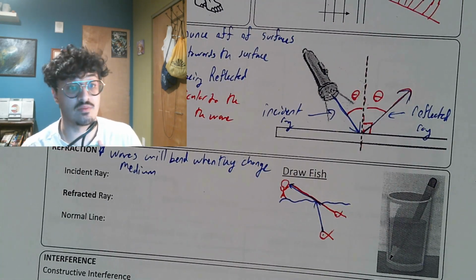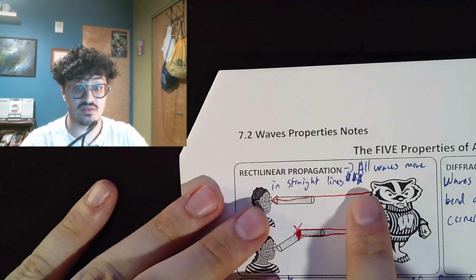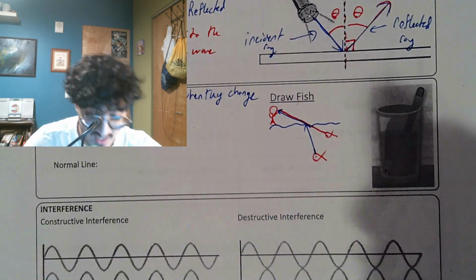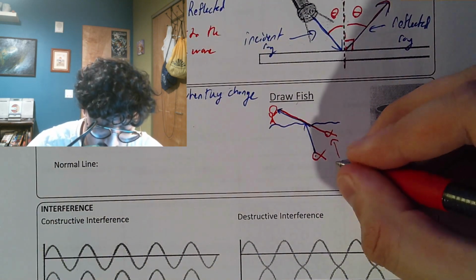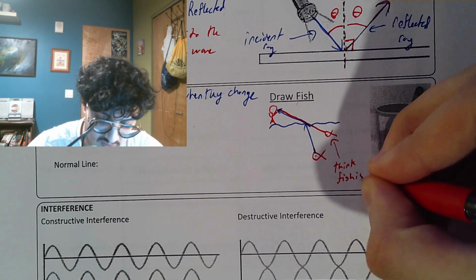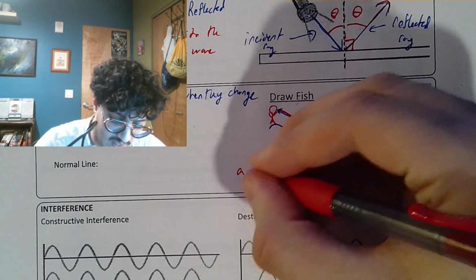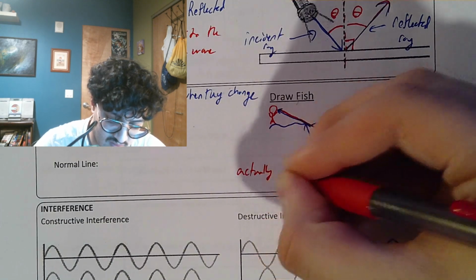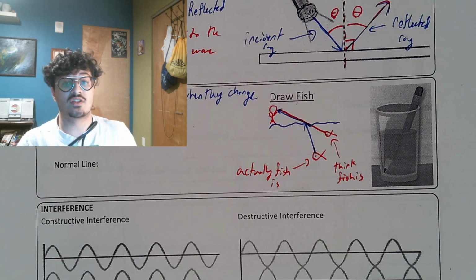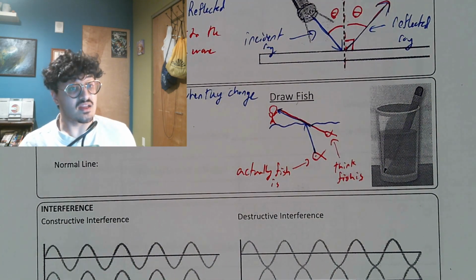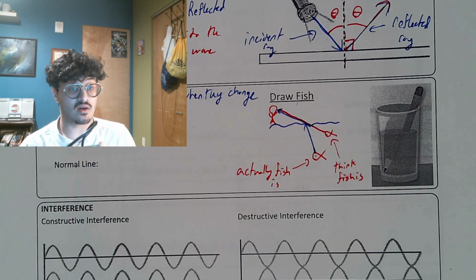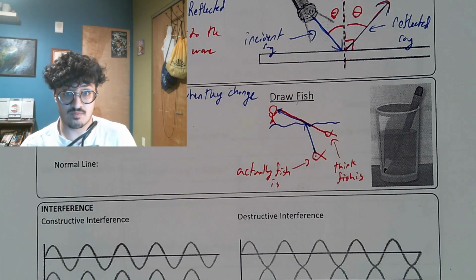And we, as humans, know that waves, like light, travel in straight lines. So we think that's where the fish is. It's a difference between where we think the fish is and where the fish actually is, based on where the light is coming from.